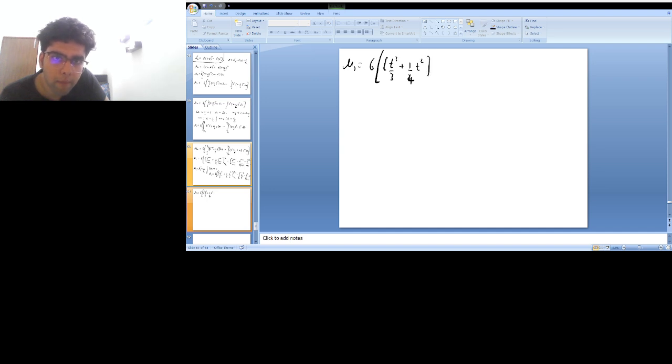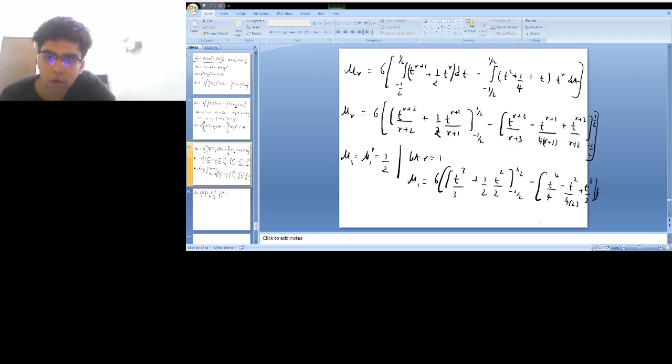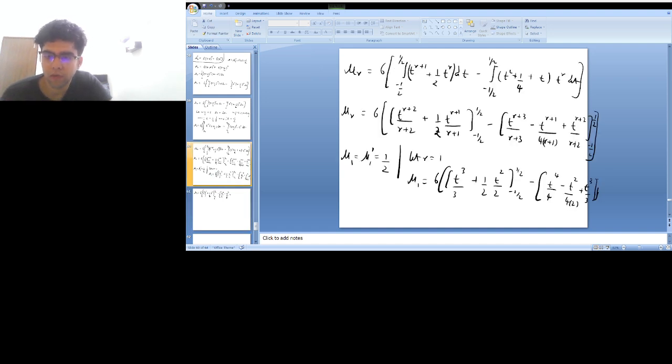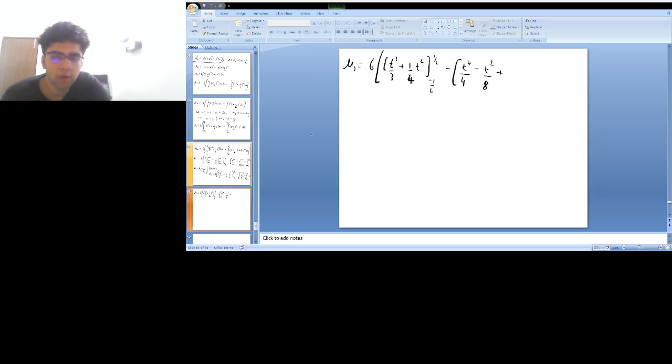So t square minus half to half, minus t to the power 4 upon 4 minus t square, and 4 into 8, so minus t square by 8, plus t cube by 3, substituting minus half and half, putting in another bracket.